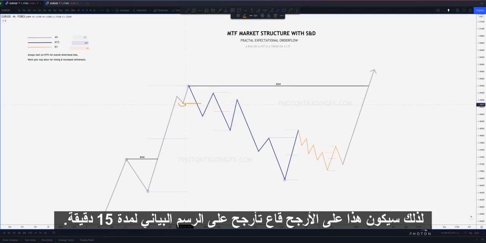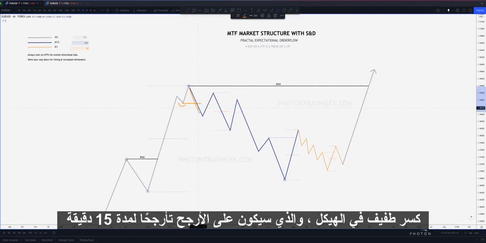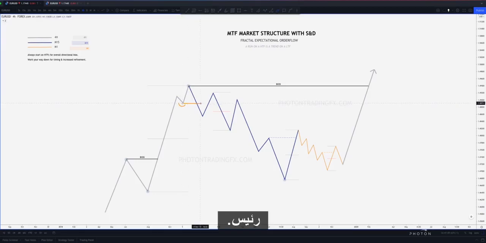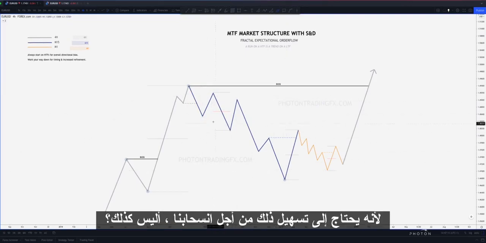So that will most likely be a swing low on the 15-minute chart. So when we get that 4-hour change of character, that 4-hour minor break of structure, that will most likely be a 15-minute swing low, a true break of structure. So the 15-minute is now bearish, because it needs to facilitate that 4-hour pullback, right?